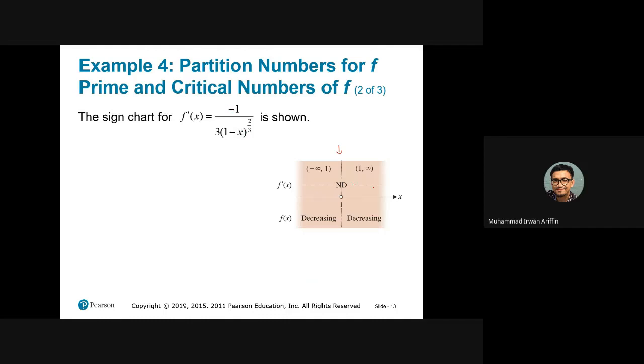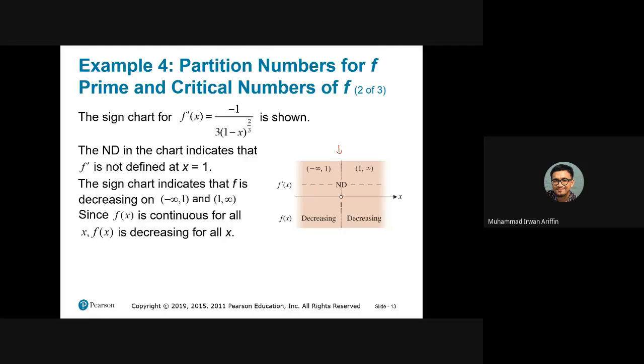So that's why we have negative all the way here. So that's why this function is decreasing everywhere except at x equals 1. It is continuous and decreasing for all x, just that it is not defined at x equals 1.